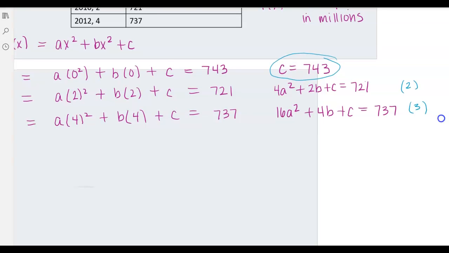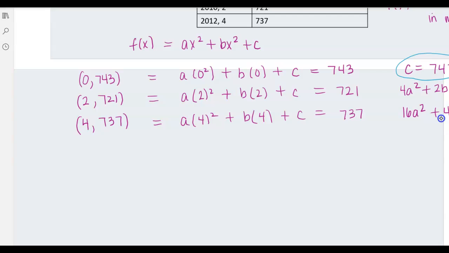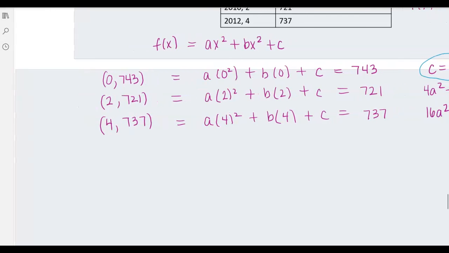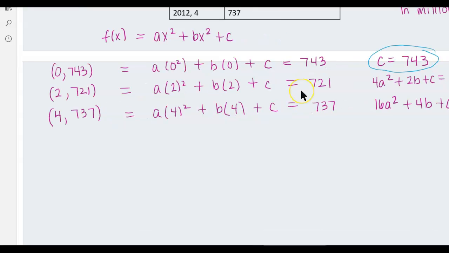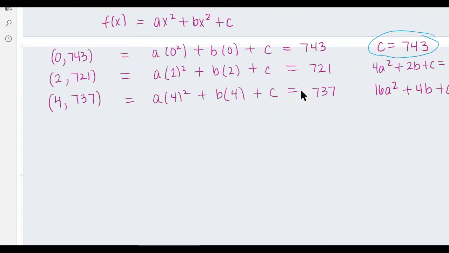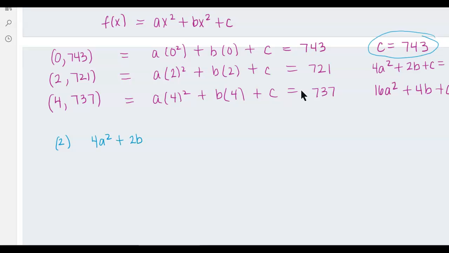So we're going to take equation number 2: 4a plus 2b, and we know that c is 743, and that equals 721.